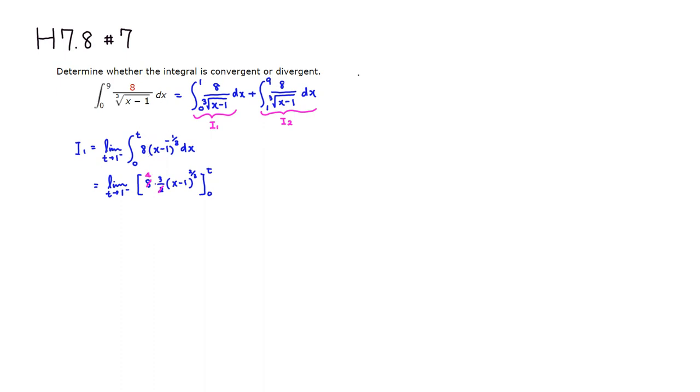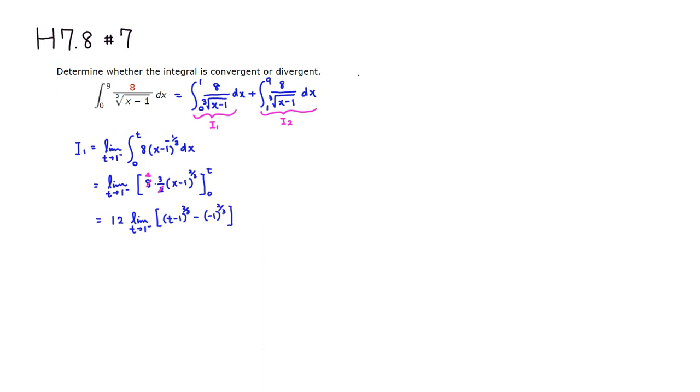And you're going to have a 12 in front then. I'm going to pull out the 12 and put it outside here. Then we have to take the limit as t approaches 1 from the left. Plug in t first, so you have the quantity t minus 1 to the 2/3 power, and minus, you plug in 0. 0 minus 1 is negative 1, so you have negative 1 to the 2/3 power.